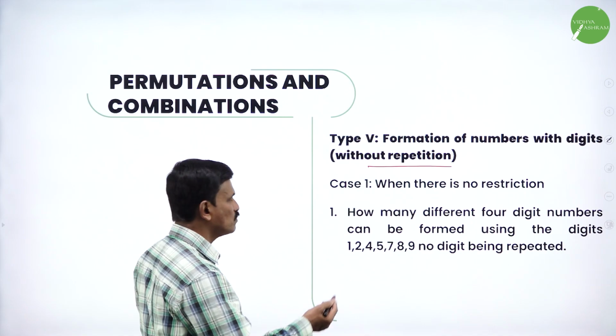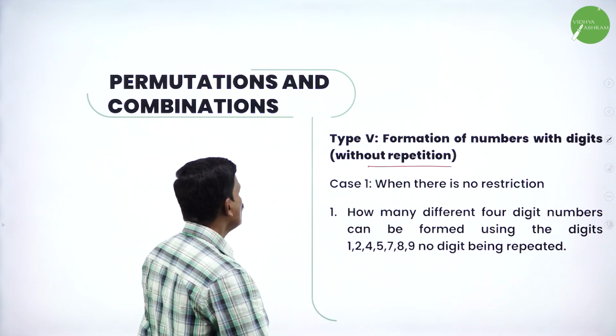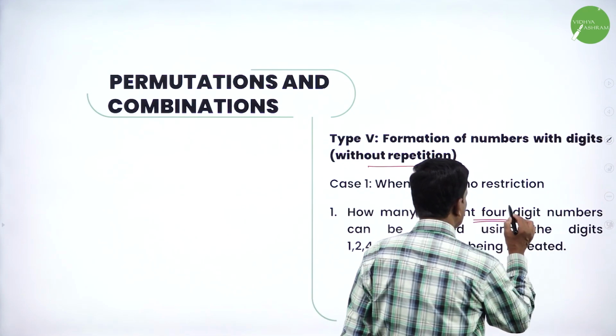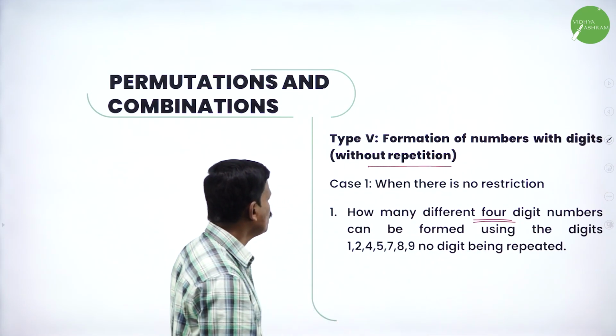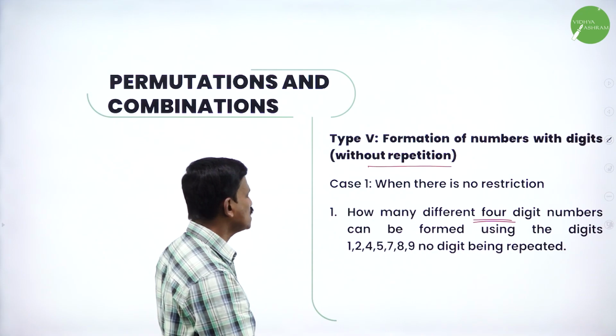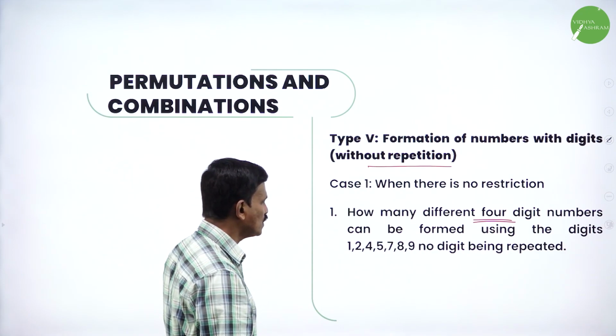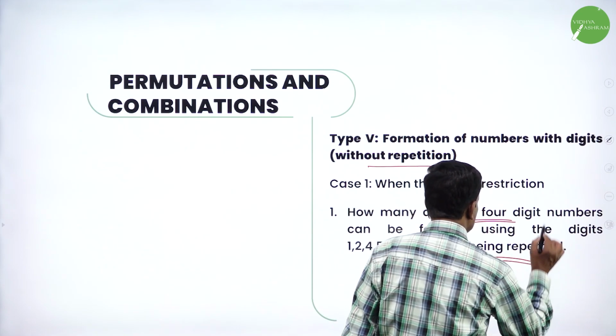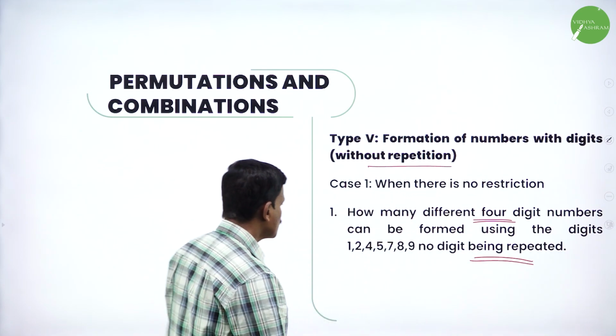When there is no restriction, let us take an example. How many different 4-digit numbers can be formed using the digits 1, 2, 4, 5, 7, 8, 9, no digit being repeated? Repetition is not allowed. So, what is the problem given?